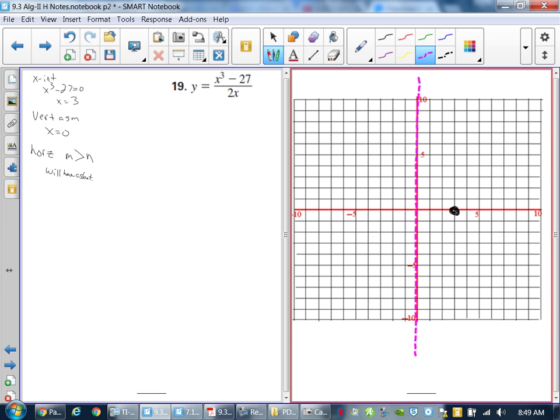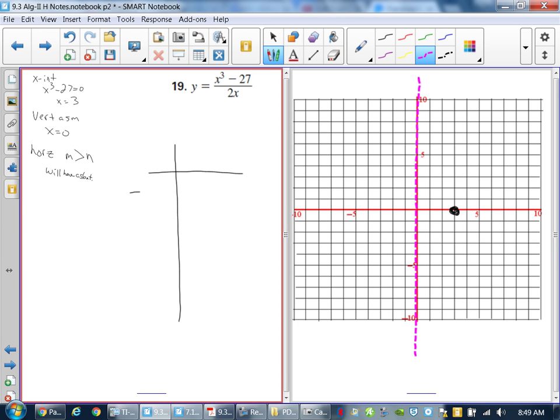And that's all you know right now, okay? So what I would do, trying to figure out what this graph is going to do, is start to pick a couple of numbers. I would probably do my -2, -1, 0, 1, and 2, just because it's on both sides of that asymptote. I do have that one value of 3, and those other points just might get me somewhere, okay? And they're not terrible to work with.